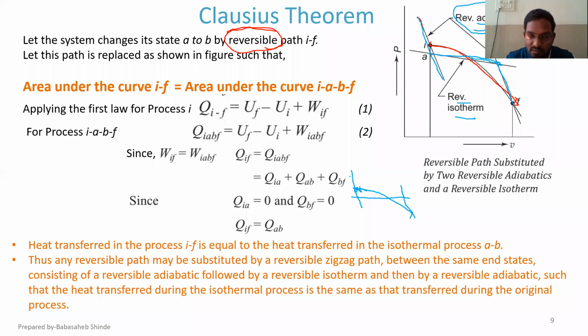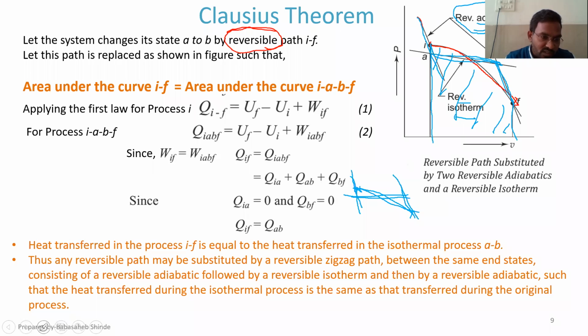Now while drawing this reversible adiabatic followed by reversible isotherm and then followed by reversible adiabatic, what care has been taken? The area under the curve IF, if I draw the area under the process IF, that is nothing but this much area, must be equal to the area under the curve IABF.